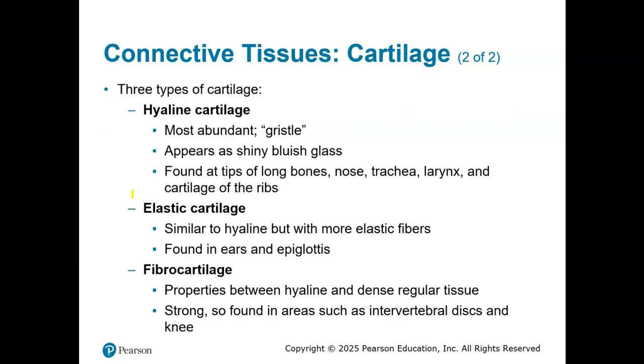There are 3 types of cartilage. The hyaline cartilage is the most abundant, and it forms what we call gristle in our meat. It's found at the tips of long bones, the tip of your nose, the rings that form your trachea, your larynx or voice box, and the rib cartilage.